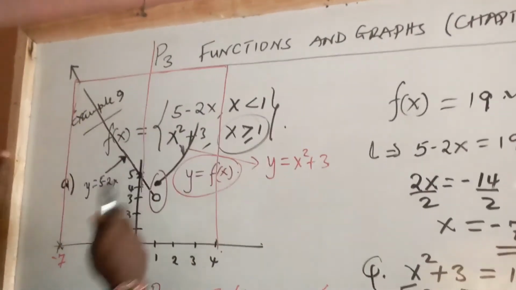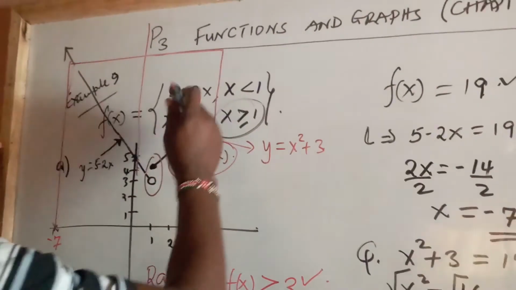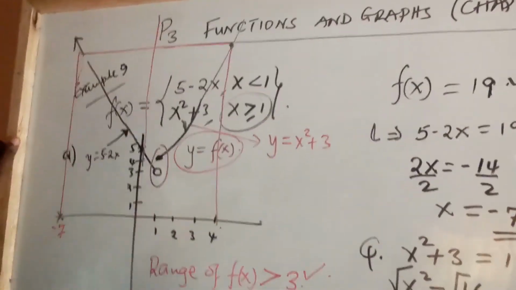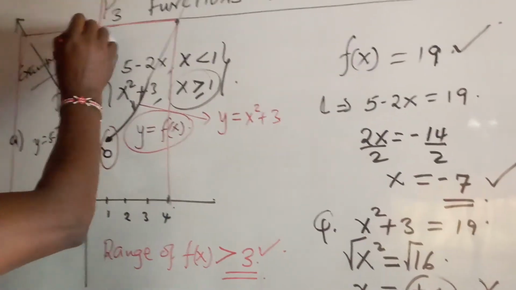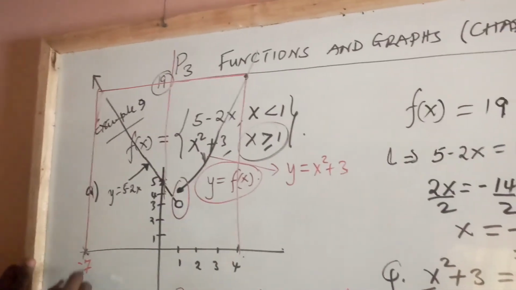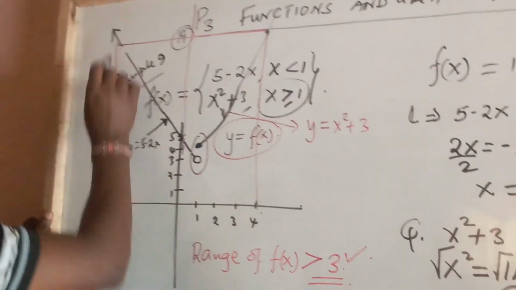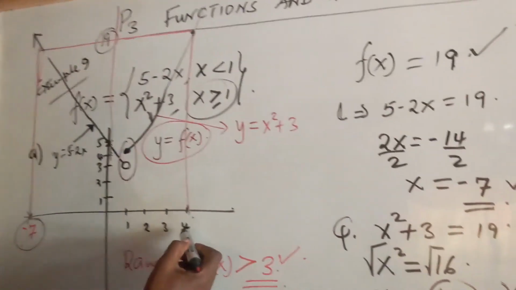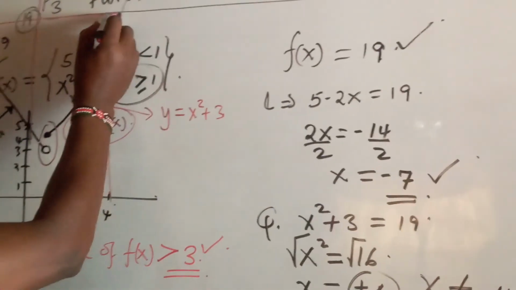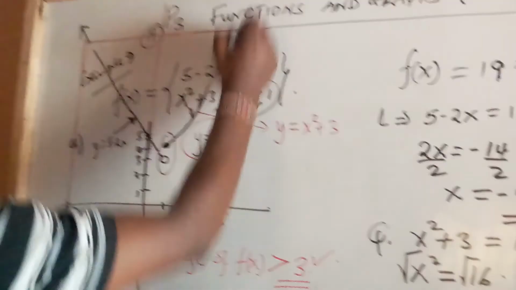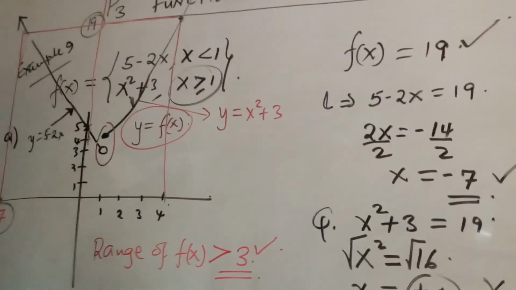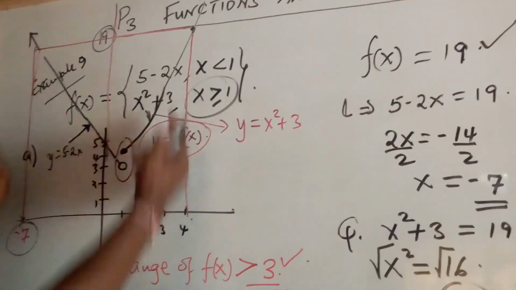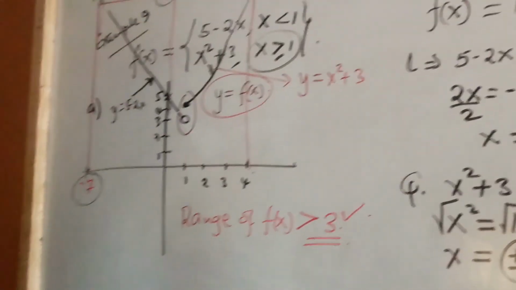So this graph continues and cuts when we are having 19, so we are supposed to have 19 there. So when x is -7, then y is 19 on the linear part. When x is 4, then y is 19 on the quadratic part. That is exactly what is supposed. And you can see this is a many-to-one mapping. All right.